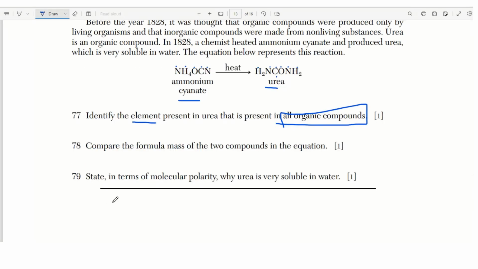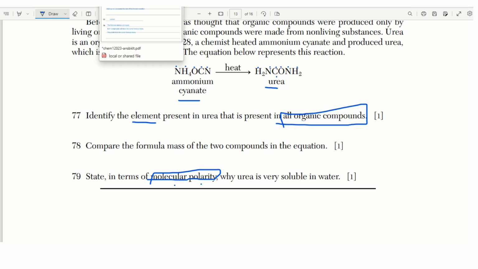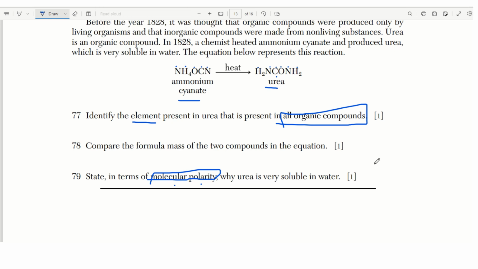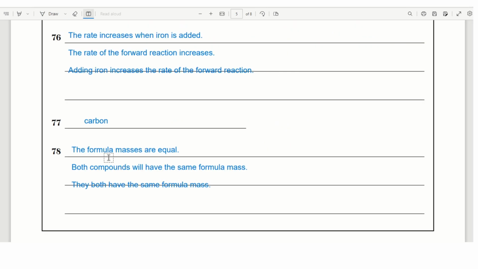And last one for this section, 79, state in terms of molecular polarity why urea is very soluble in water. So I've got to talk about polarity of a molecule. Well, think about what dissolves in water. Anything that's polar or anything that's ionic, it's got to have a charge. This is not ionic, so why must it dissolve in water?